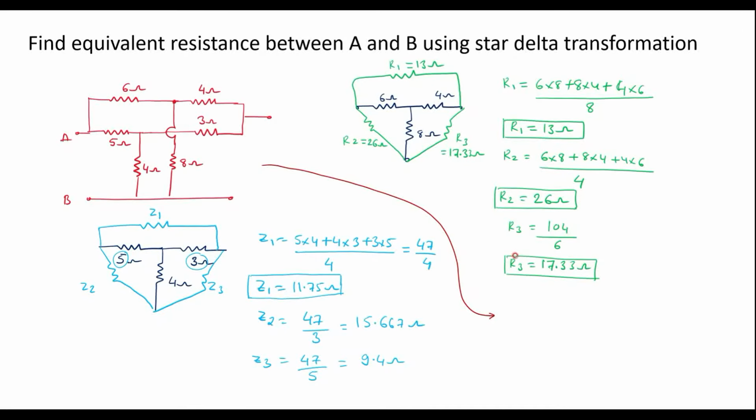So now I will redraw this circuit. We have R1, R2, R3 with respect to the 6, 4 and 8 ohm resistors. This is R1 which is 13 ohms, this is R2 which is 26 ohm, this is R3 which is 17.33 ohm.